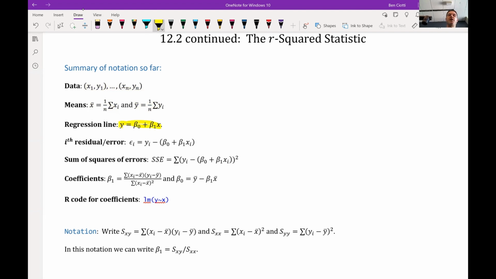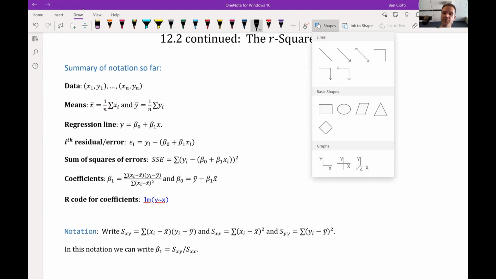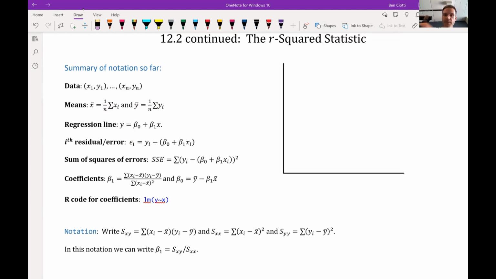Our regression line has intercept beta 0 and slope beta 1. We denote by epsilon sub i the ith residual. So again, I already drew this picture, but this is where if this is the line, beta 0 plus beta 1 x, and these are the points.